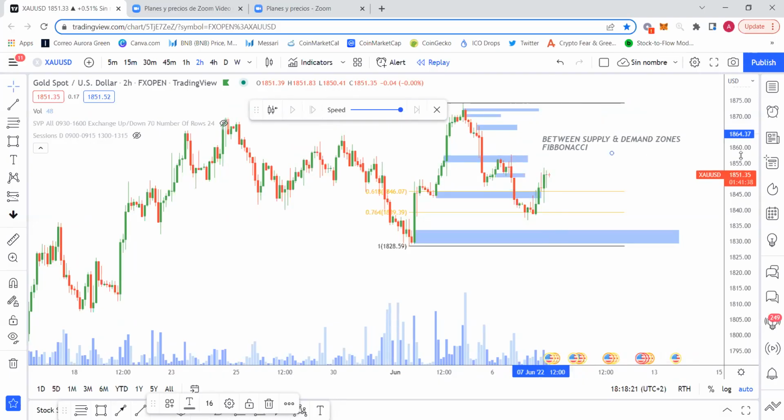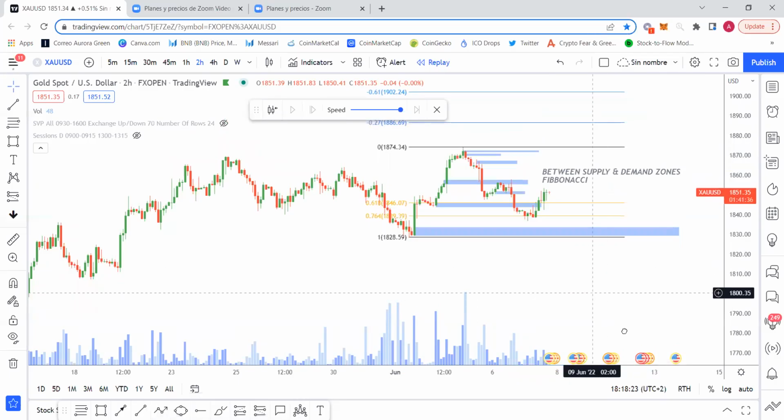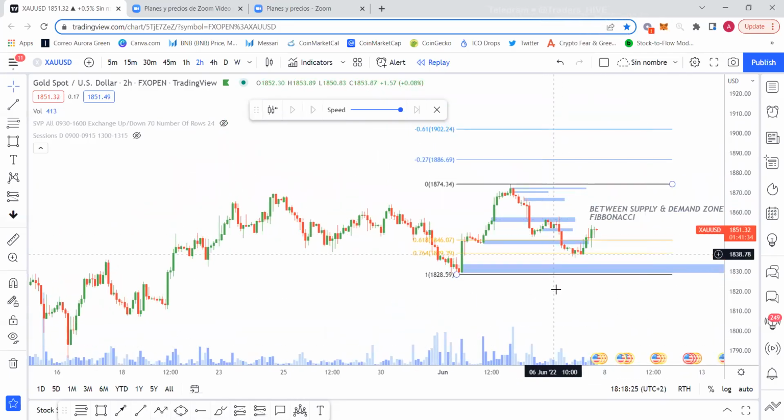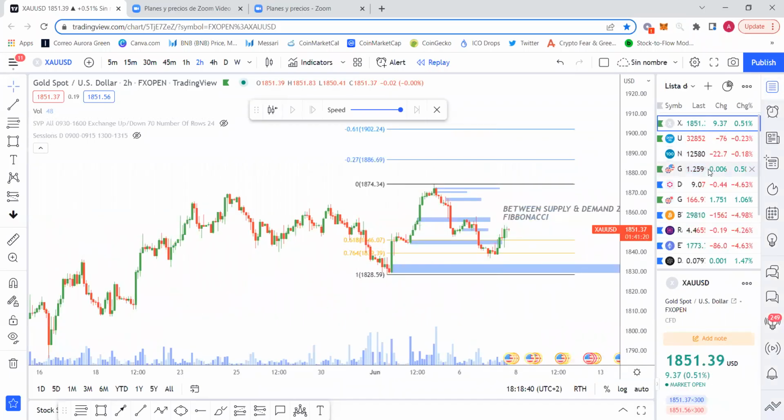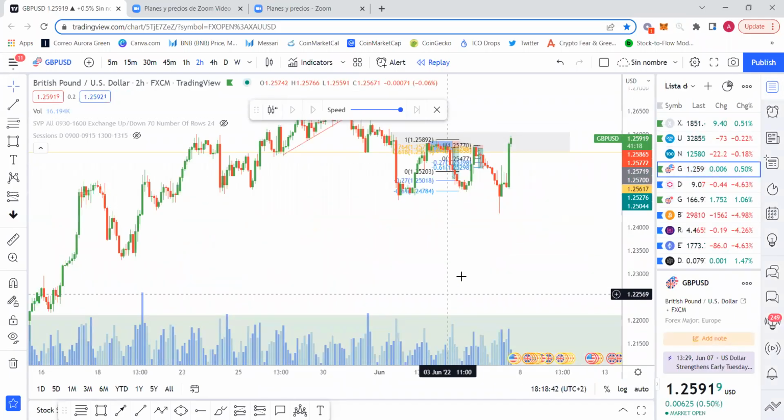If not, the other levels you saw from my Fibonacci, if I'm entering a continuation in a trend, these levels are also targets, okay? If I enter a buy at this level, my target could be minus 27% or minus 61%. For example, let's look at the GBP USD example we looked at before.